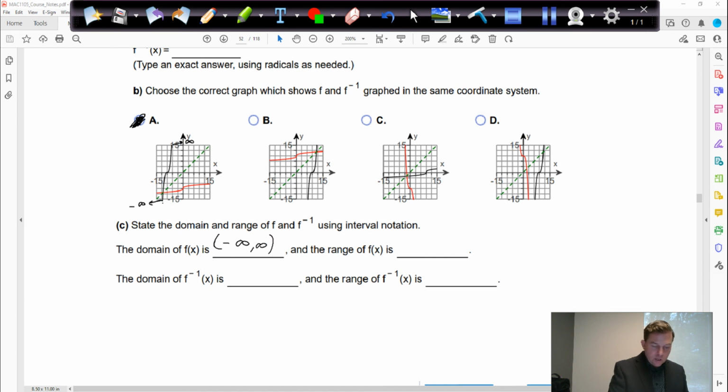Its range, it's going to go down to minus infinity, and it's going to go up to positive infinity, because those lines are angled, so it's not only going up, it's also going to the right. But the range is going to be everything also.